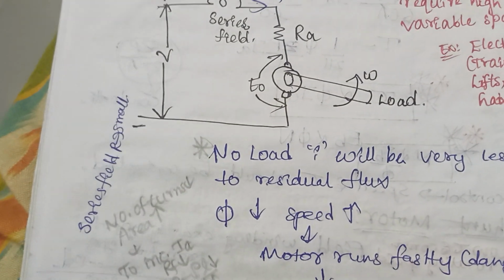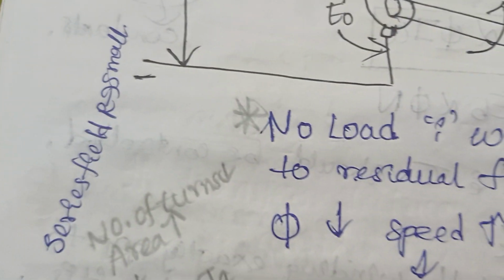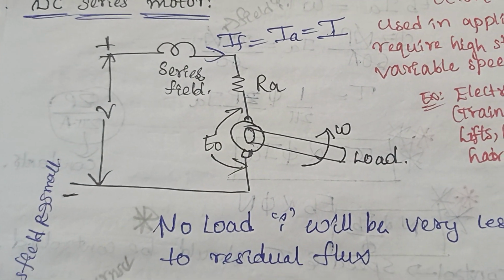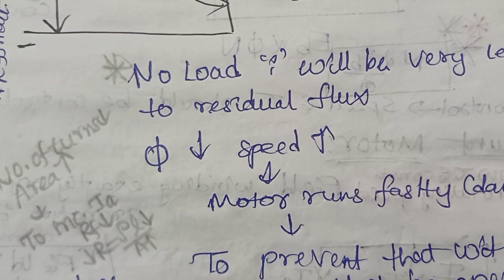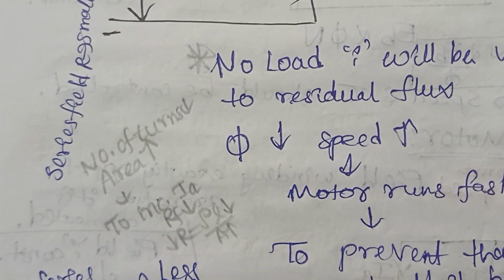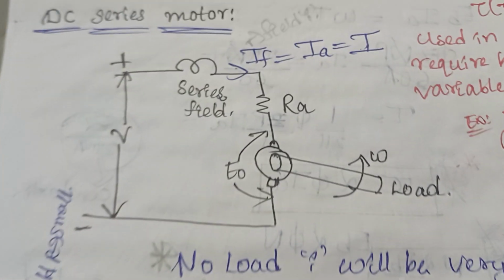For this, your field resistance should be small. In the previous case, the shunt motor, our armature resistance is small, but in this series motor, your field resistance should be small, because more current should flow through the armature here.